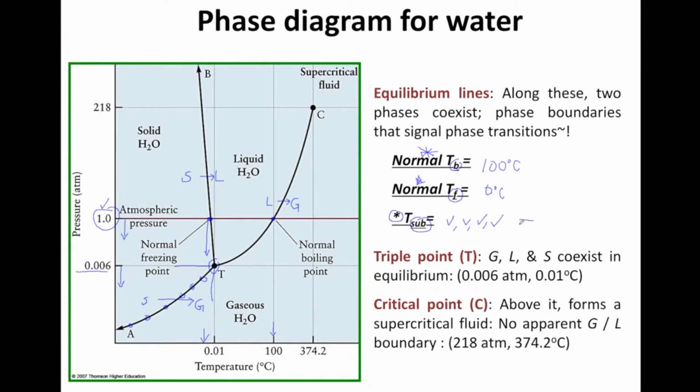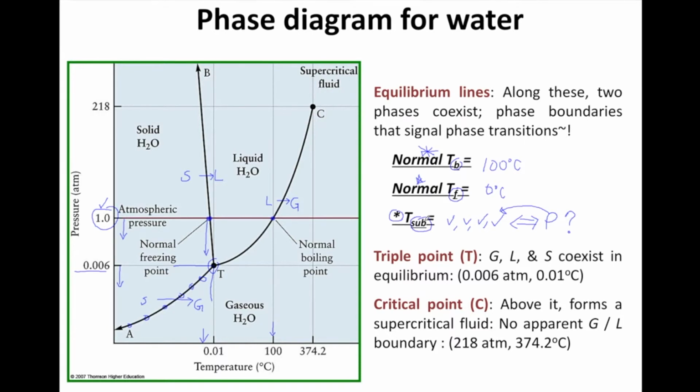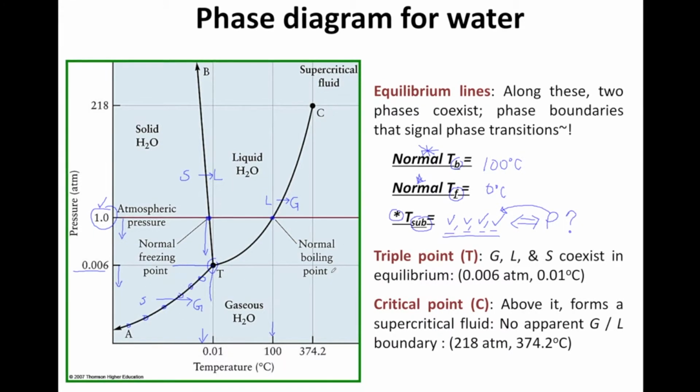Now the real question for this one is, if you tell me what pressure you want me to locate, then I can tell you what is the temperature that corresponds to that pressure. Then this problem, the sublimation temperature, can only be referred to a specific pressure. Otherwise, it's ambiguous because it can be basically any temperature that is located in this region. If that is the case, again, you always have to ask at what condition of pressure.